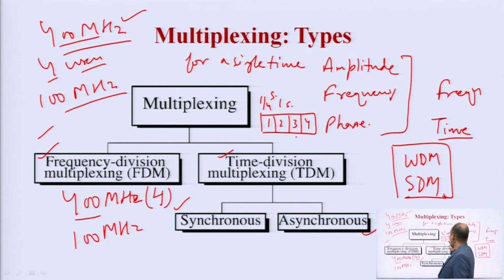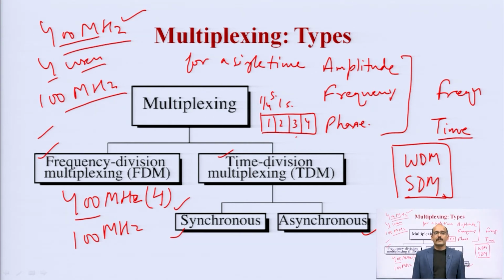In this particular part you understand one thing, that you are equally dividing the time slot to all users as 1, 2, 3, 4. So, when we are allocating equal time to all users, that is called synchronous transmission or synchronous time division multiplexing.